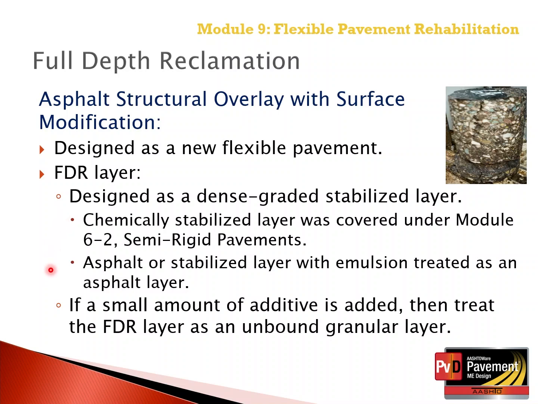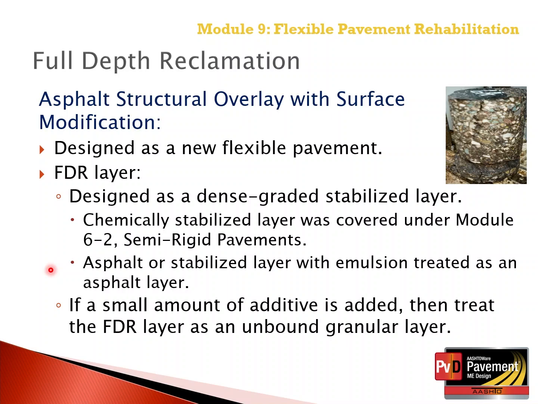If the stabilized layer uses some type of foaming, emulsion foam, asphalt foam, or emulsion treated, and it is designed as a dense graded stabilized layer, then that would be treated as a new flexible pavement, and that asphalt stabilized layer would be treated as any other asphalt layer in new flexible pavement design.